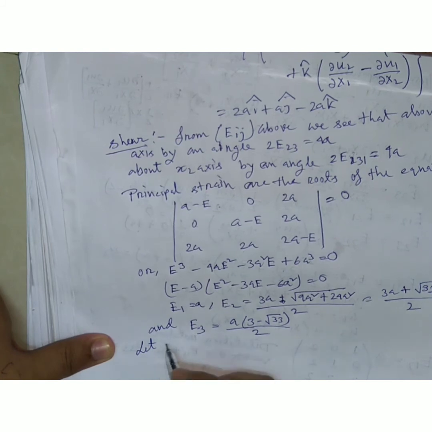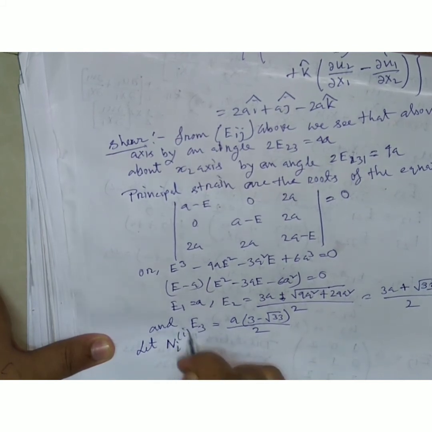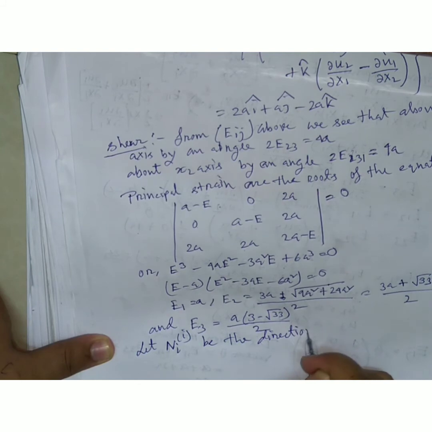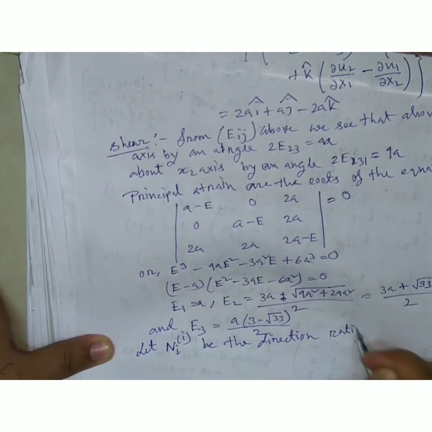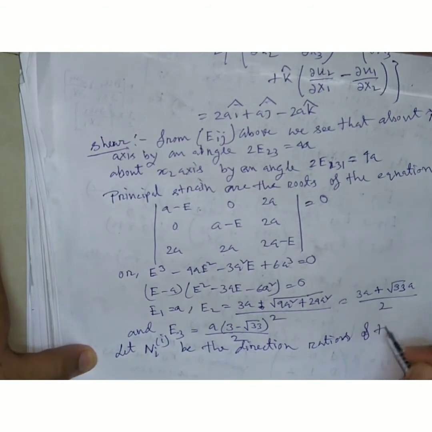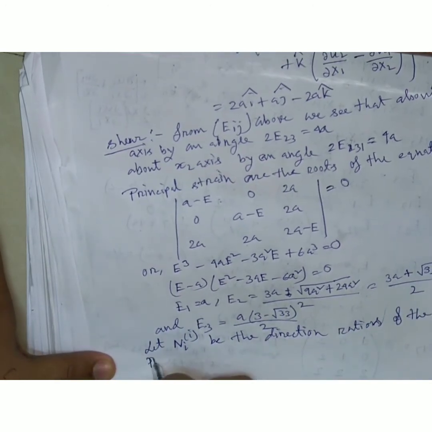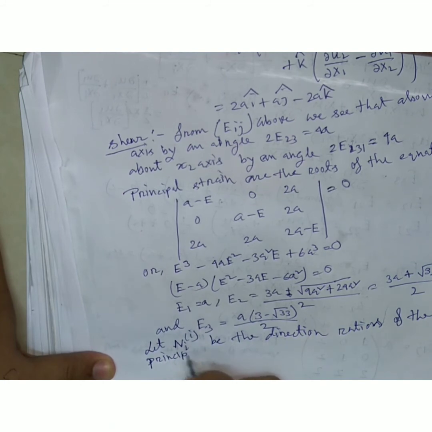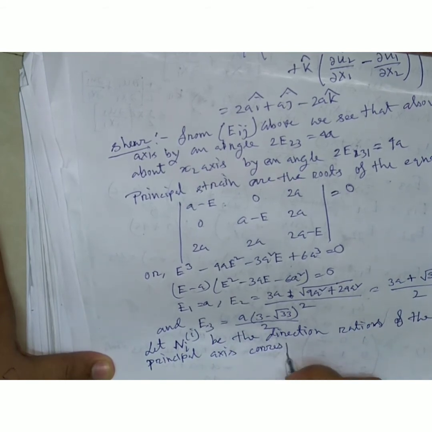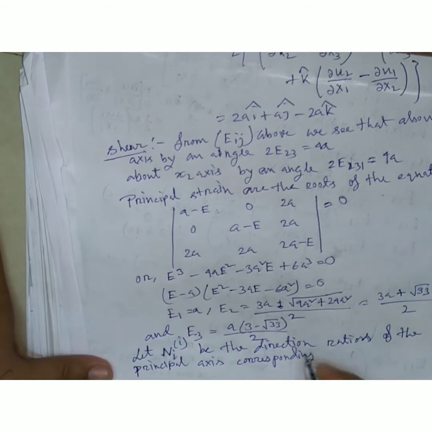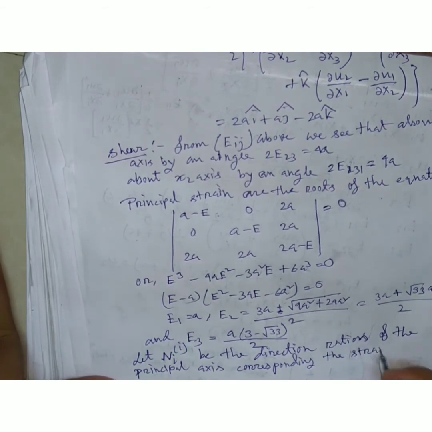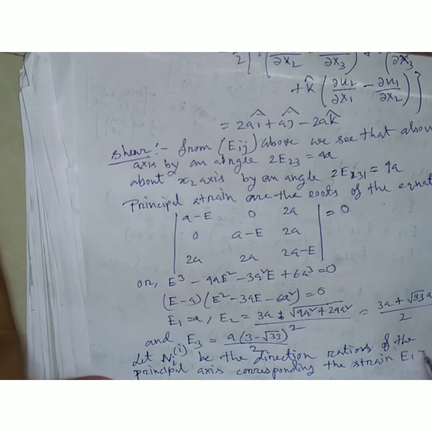Let ni be the direction ratios of the principal axis corresponding to the strain E1 equal to a.